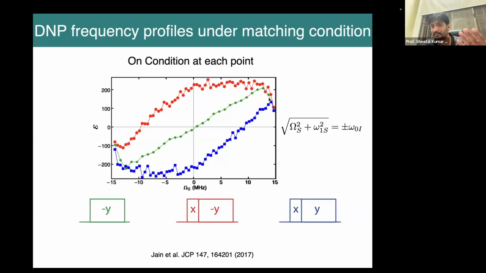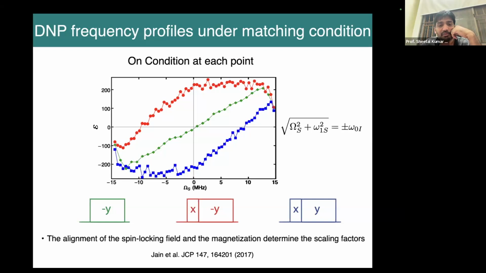So one can naively expect that the polarization transfer will be constant throughout, because we are on condition throughout the frequency profile, but it's not the case. And why is that happening? To understand that, we need to pay attention to the alignment of the magnetization and the spin lock. So these are the spin locking parts, and the magnetization that is present right before it, is it actually aligning with it when we are changing the offset?